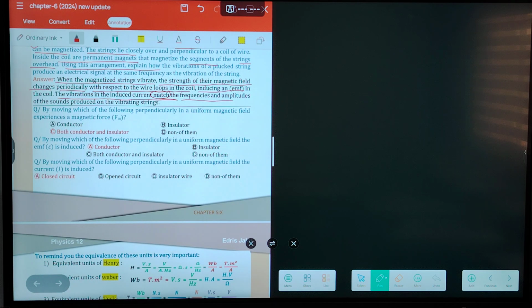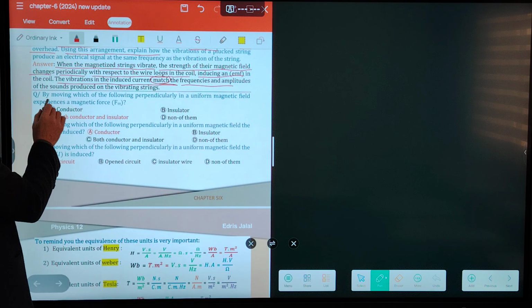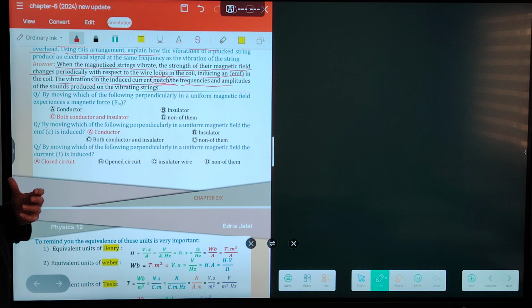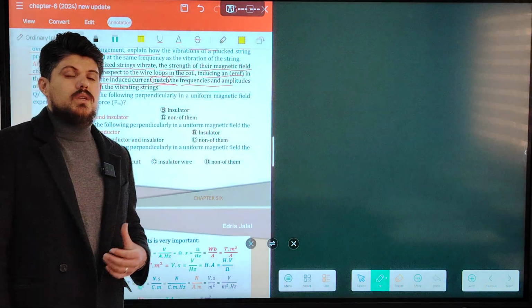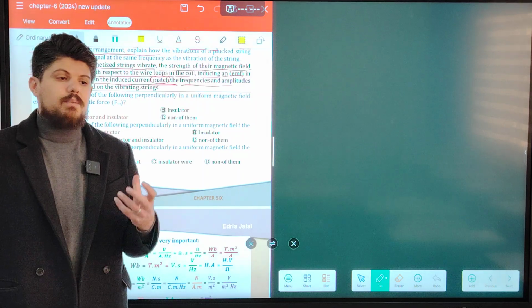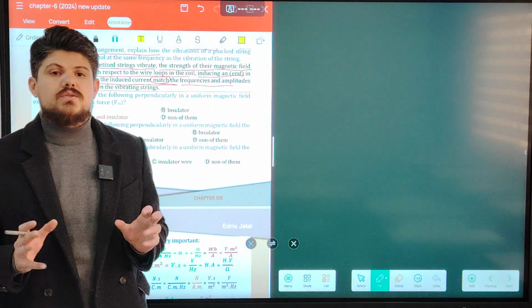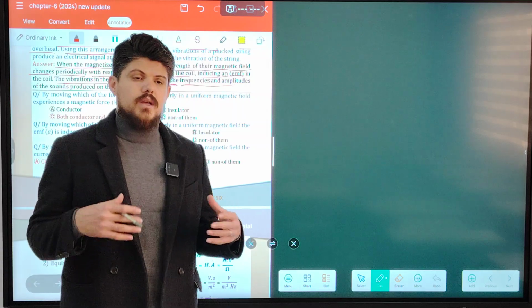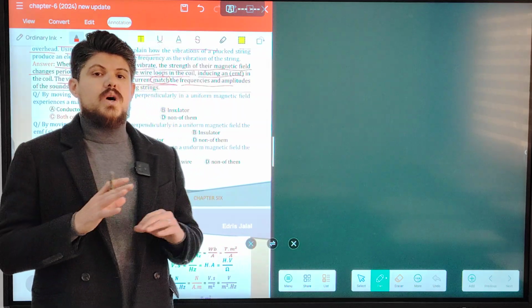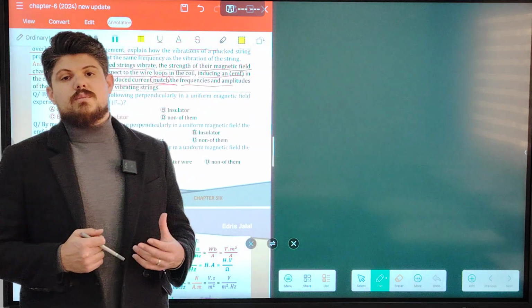Guys, we finished section 1 and we solved all questions related to section 1 in chapter 6. We have some extra questions in this section. If you remember, we studied that by moving both insulator and conductor into the magnetic field, it experiences a magnetic force. But this magnetic force cannot separate the positive charge and negative charge in an insulator. So that is why no EMF, no current is induced in an insulator material.